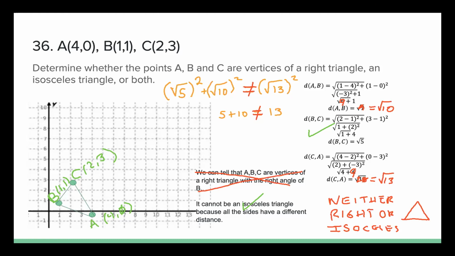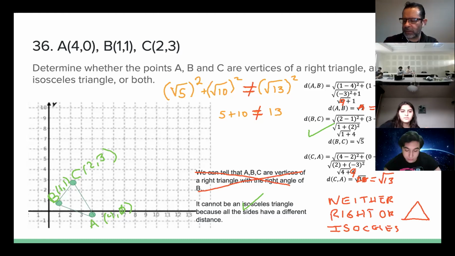There we go. Okay, questions before we move on? No. Okay, have to be careful with the squares there. They can be tricky. Okay, good. Thank you, House High Waves.